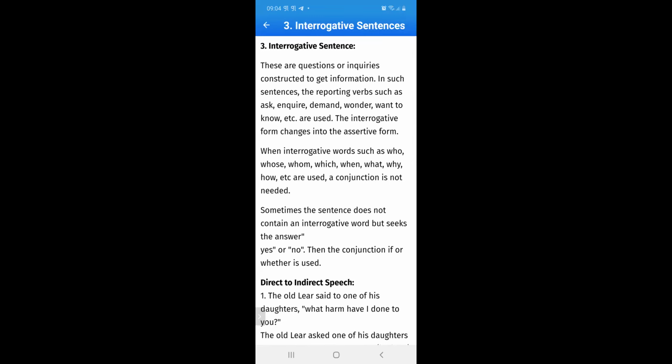When interrogative words such as who, whose, whom, which, when, what, why, how, etc. are used, a conjunction is not needed. Sometimes the sentence does not contain an interrogative word but seeks the answer yes or no. Then the conjunction if or whether is used.